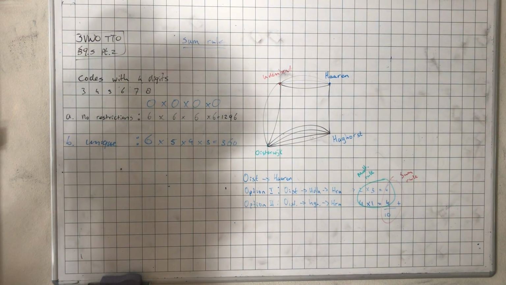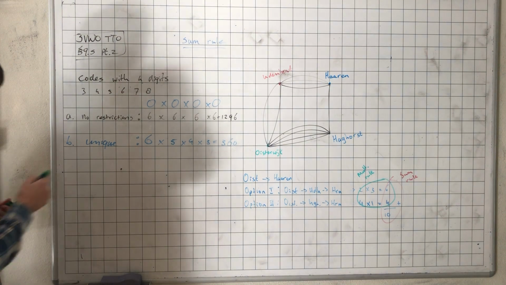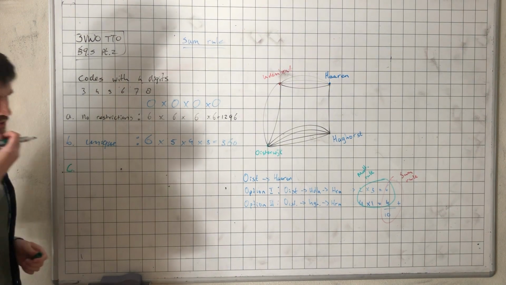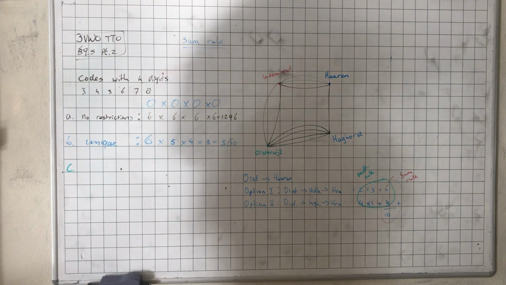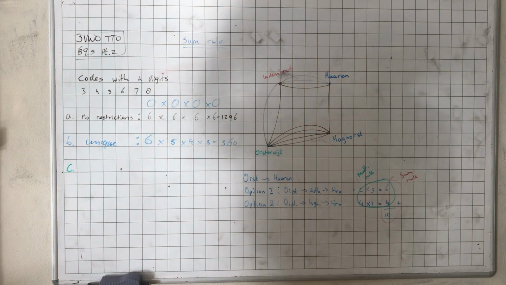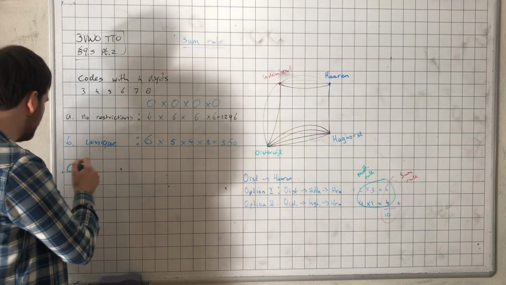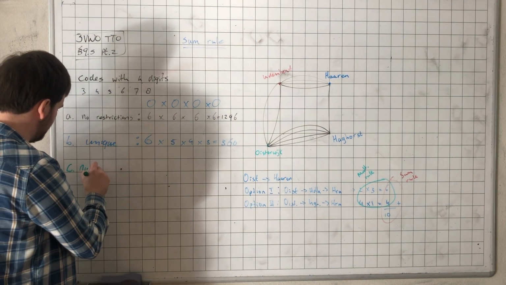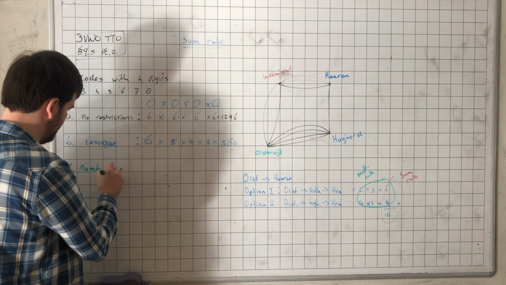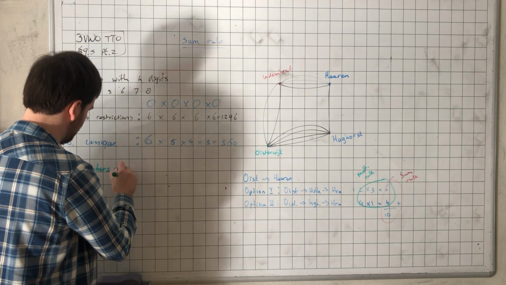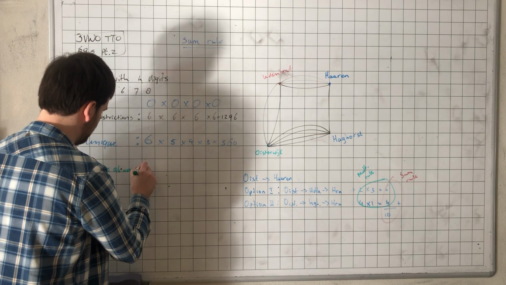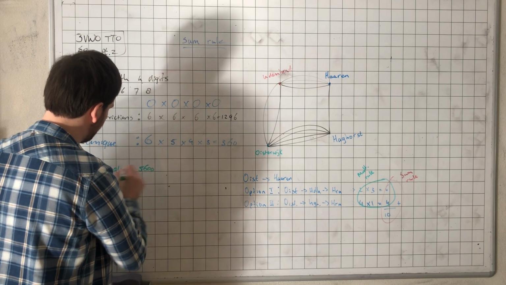Okay. Then let's make it harder. In the last video I told you we were going to look at numbers above 6,999. In this video we're going to make it more difficult. And we're going to do that as follows. I want numbers above 5,600.